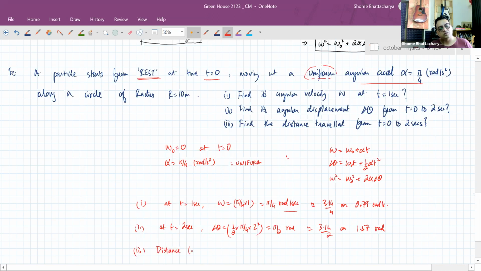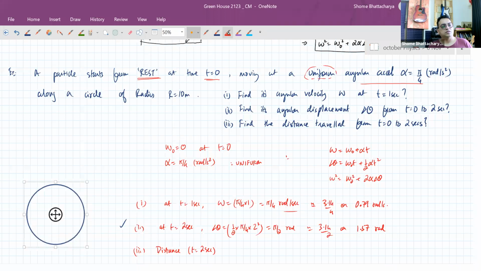Now distance traveled at t equal to 2 seconds. You have to understand this, you have to interpret this. What is happening is that, say, if it's starting from here at t equal to 0, then it's covering an angular displacement of pi by 2 or 90 degrees at t equal to 2 seconds. So the distance traveled is the arc length.